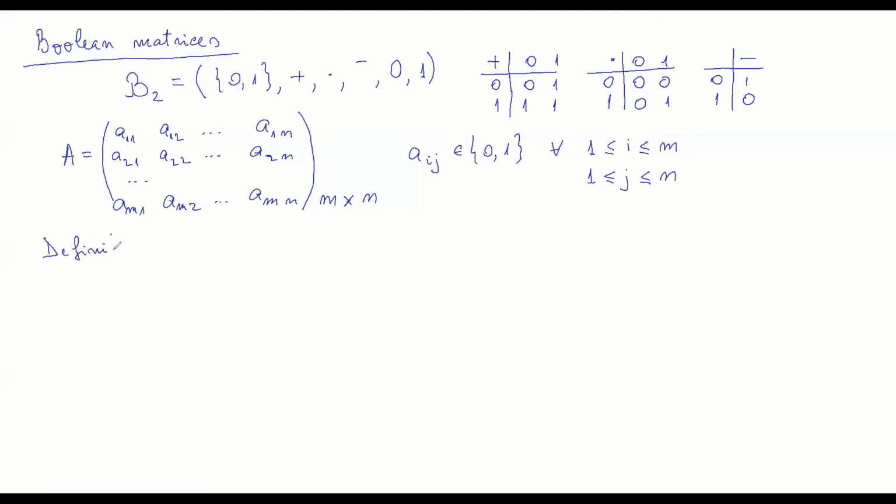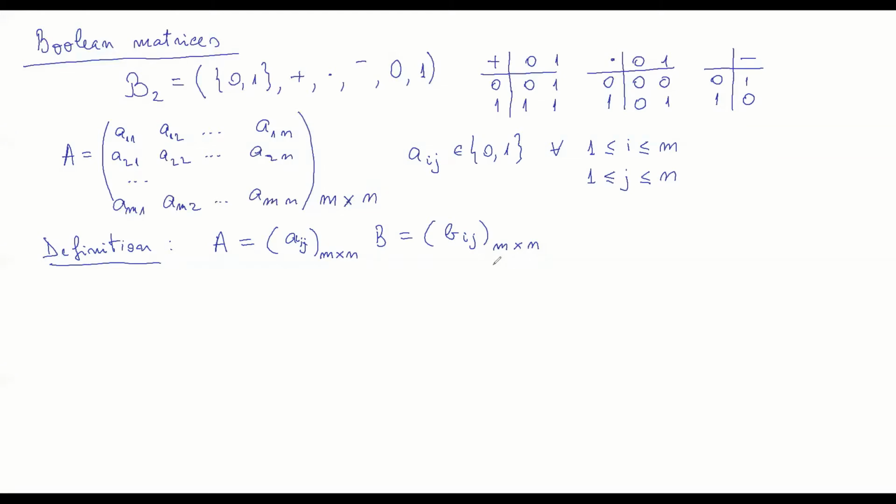We have two matrices, A and B. Matrix A with elements a_ij, and matrix B with elements b_ij. They are all matrices of the same type, so m times n. We call this m times n the type of the Boolean matrix.